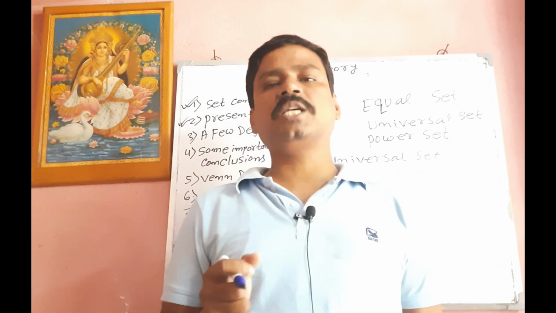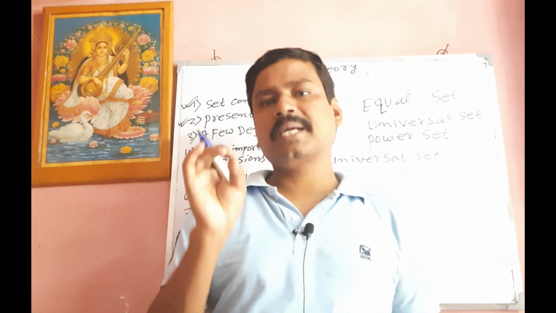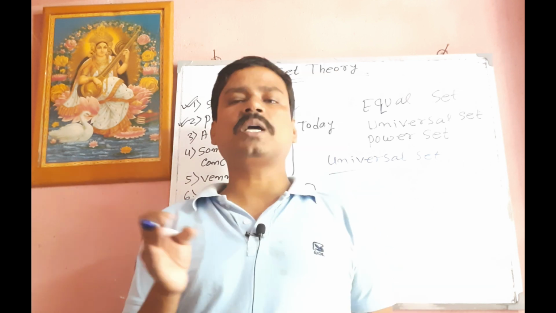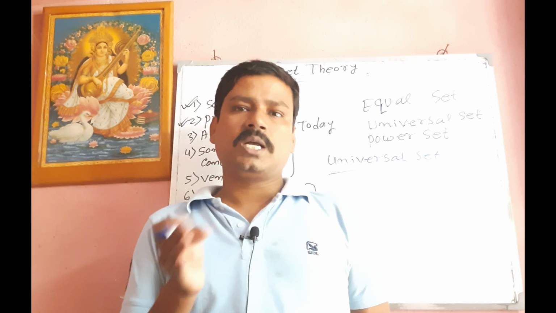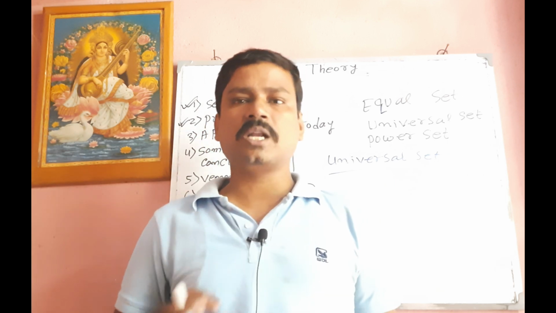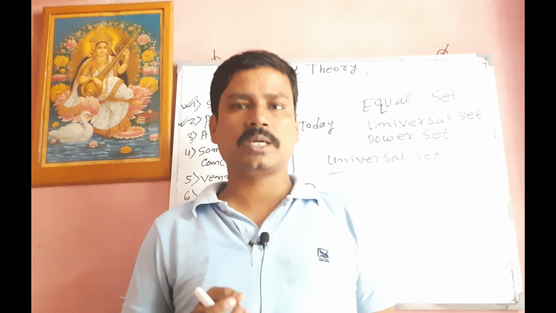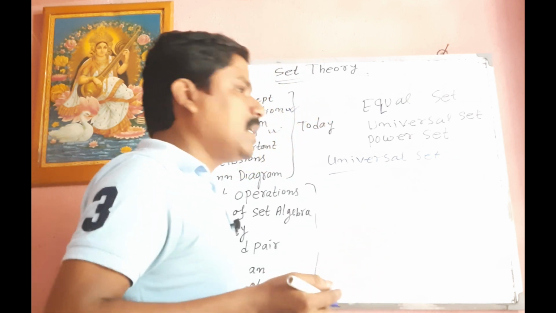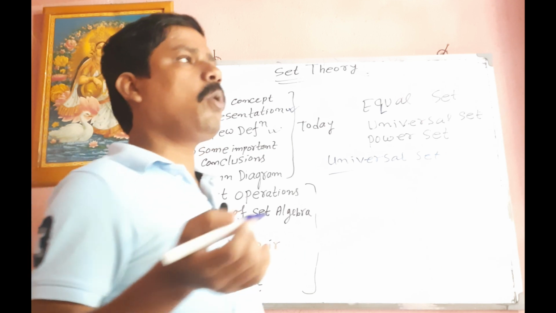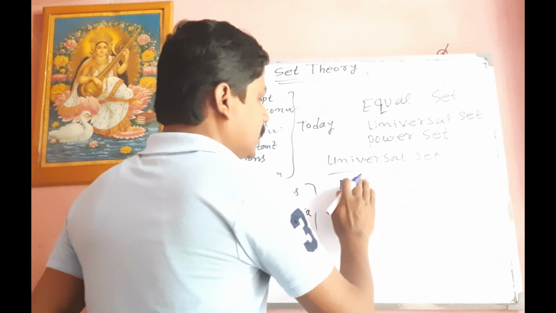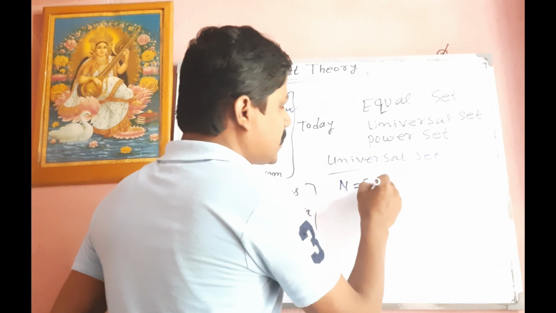When we are discussing the cricketers of India, all the cricketers together make a universal set, irrespective of state level or another level. And in mathematics, suppose the set of all natural numbers, then capital N is a universal set.